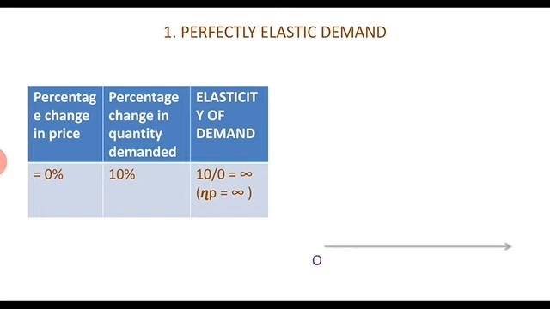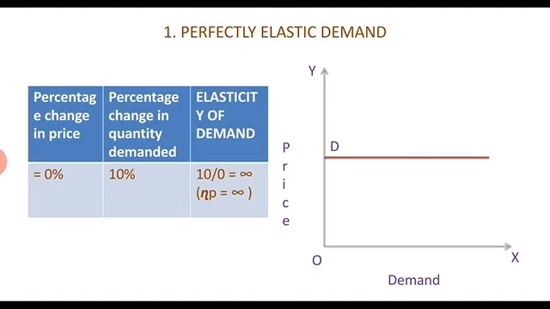Here in the diagram, demand is measured on the x-axis, price is measured on the y-axis, and DD is the demand curve. At the beginning, the price of a good is OP and demand is OM. There is no change in price P, but demand is changed from OM to OM1.